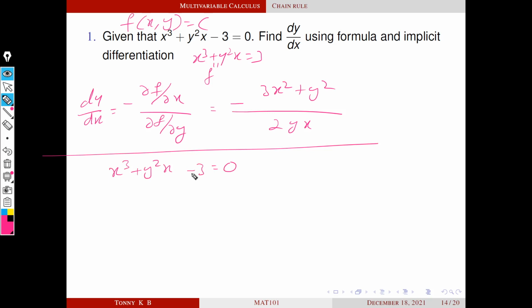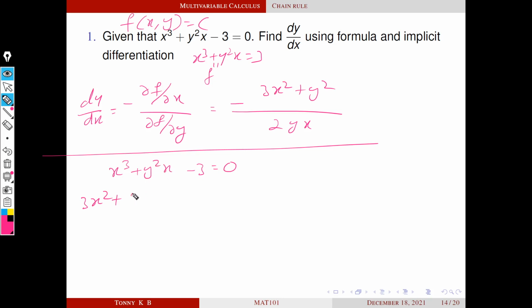So this is our given relation. We are going to differentiate this expression directly with respect to x. So this becomes 3x square, and here y is a function of x, and this is also a function of x. So this is a product of two functions, so we have to use the product rule. How?